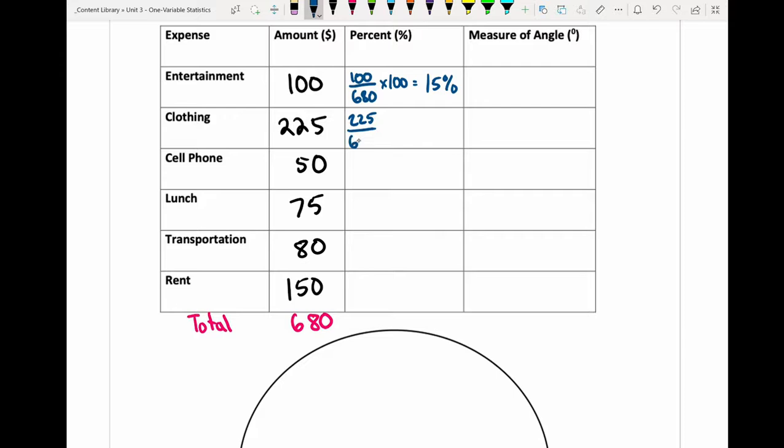Take our amount, divide it by the total, multiply by 100 to get your percent. $75 divided by 680 multiplied by 100 equals roughly 11%.